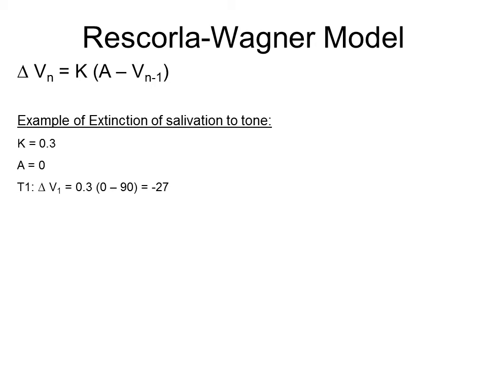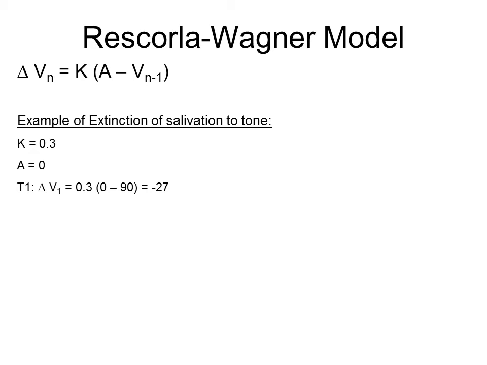Well, extinction is only meaningful after acquisition. So to perform Rescorla-Wagner model calculations for extinction, you have to assume that the response has already been acquired to full strength. In our previous example, full strength was assumed to be 90 drops of saliva. So that is our starting point for this example.